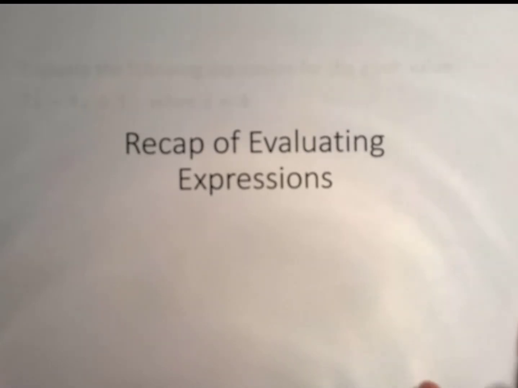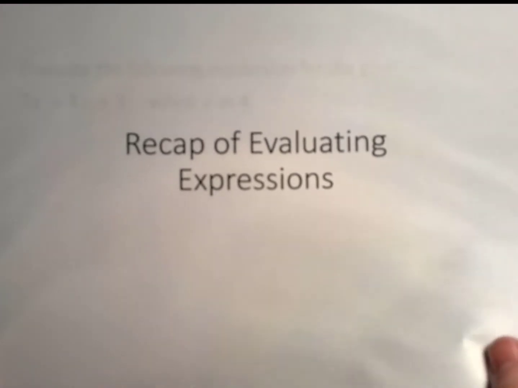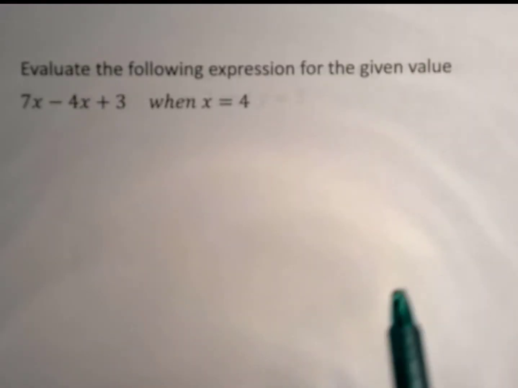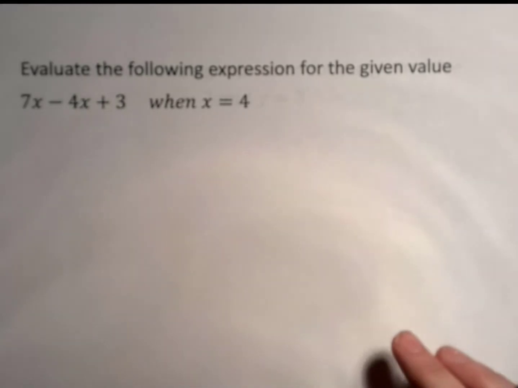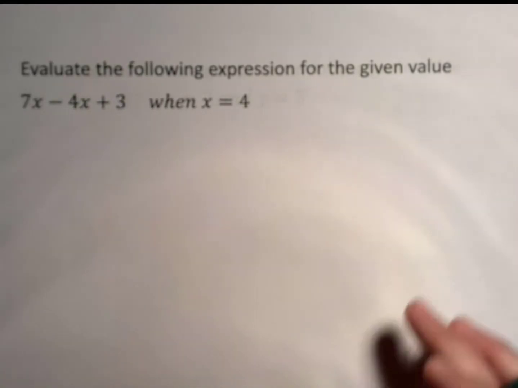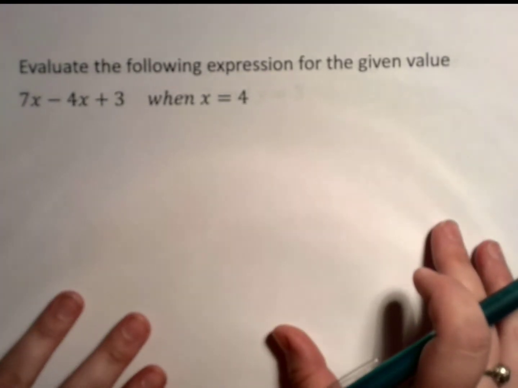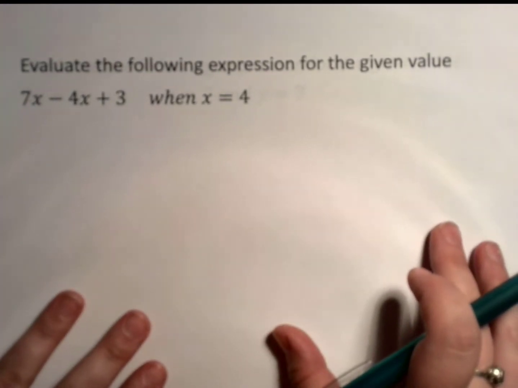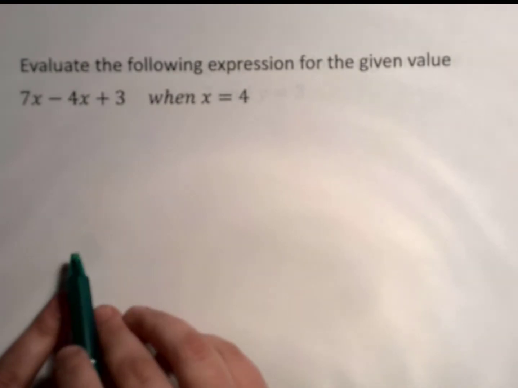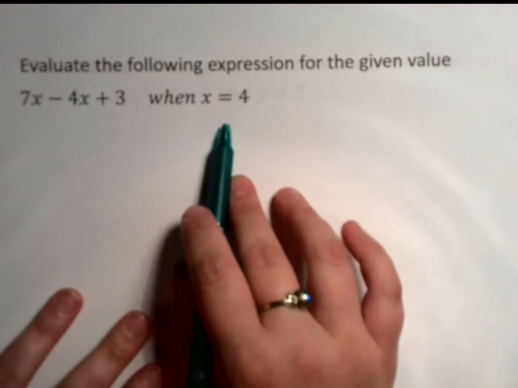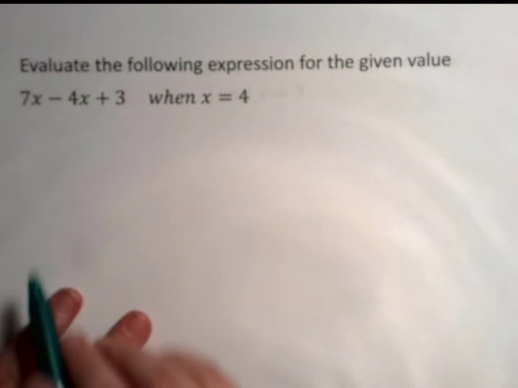All right, we are talking about evaluating expressions, just kind of a recap of it. Remember when we were evaluating, all we're doing is plugging in for the variable we are given into our expression.